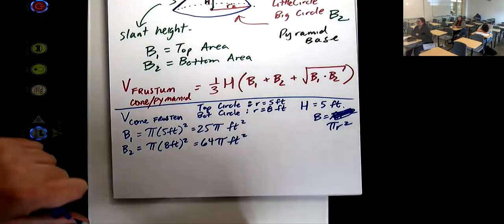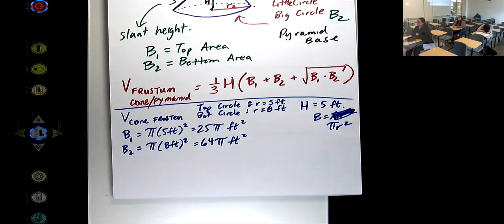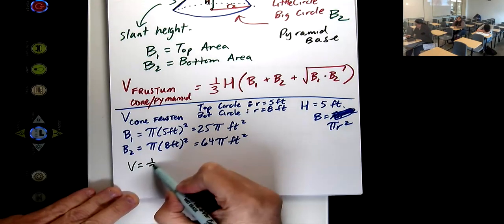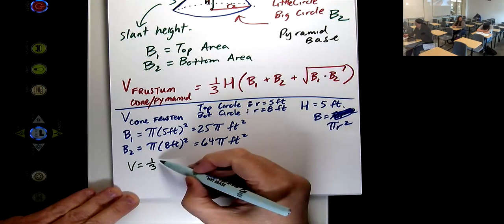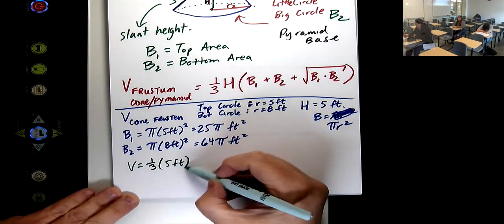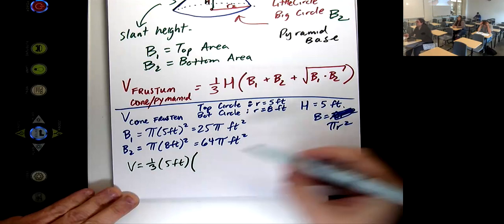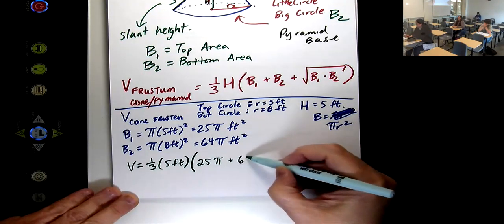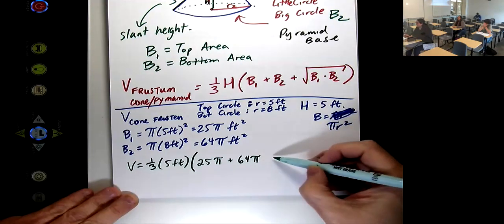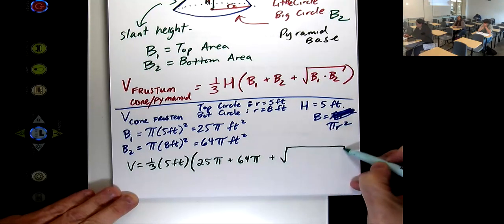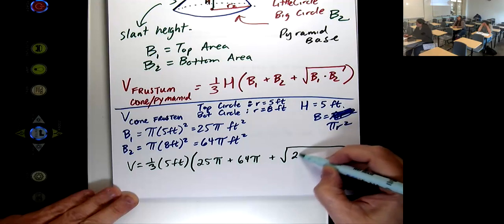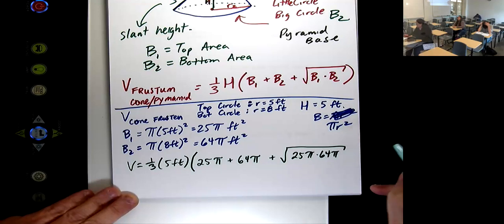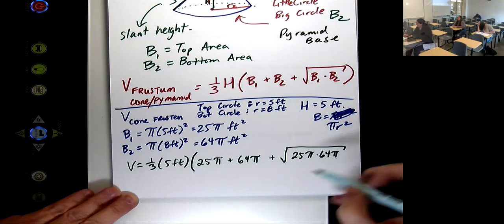All right, you've had your few minutes of distraction. So the volume is 1/3 the height. The height was 5 feet. Then B1 was 25 pi. B2 is 64 pi. B1 times B2 is 25 pi times 64 pi, and then we take the square root, which should be 40 pi.